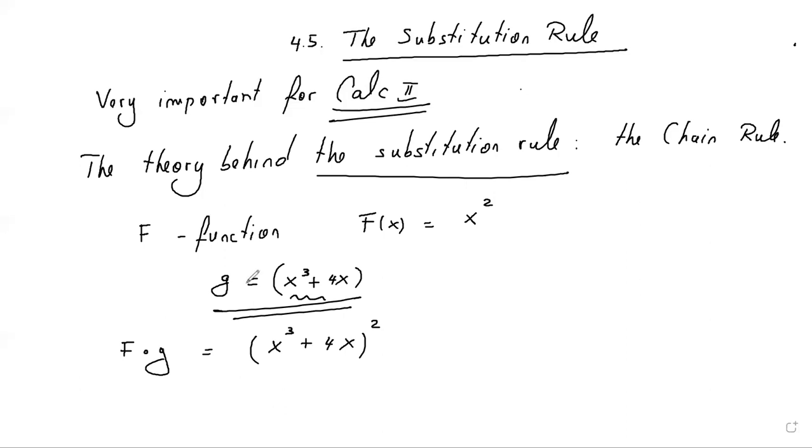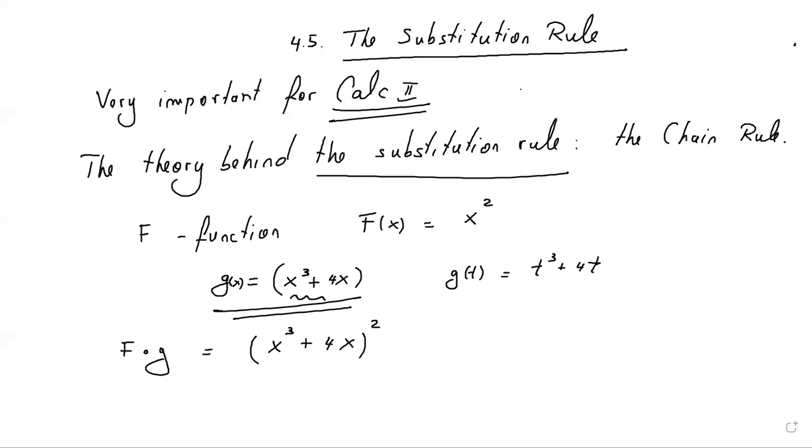But it's not really nice to write it like this. Instead of saying g of x, I'm going to say g of some other letter, t. So g of t equals t cubed plus 4t. You can see why that would be needed, because it's kind of confusing: there's x here, there's x here, it's messy with x's all the way.